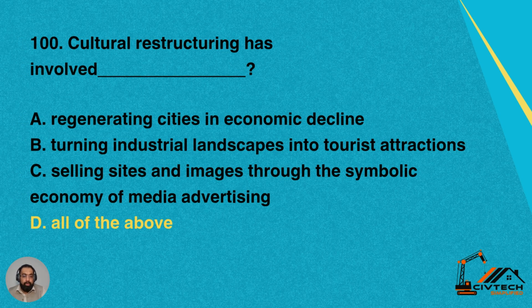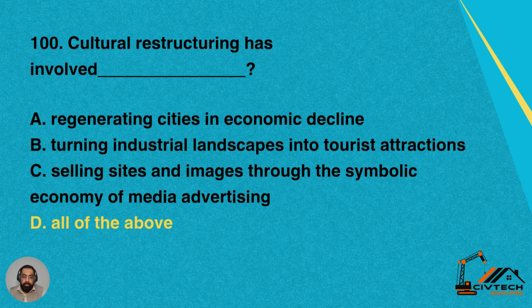Then we have the last question for today, as well as the last question for this topic. Cultural restructuring has involved. Number A, regenerating cities in economic decline, turning industrial landscape into tourist attractions. C, selling sites and images through the symbolic economy of media advertising. Number D, all of the above.